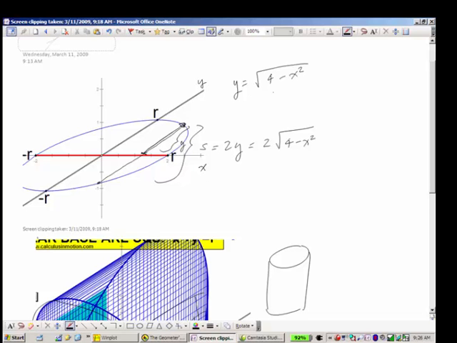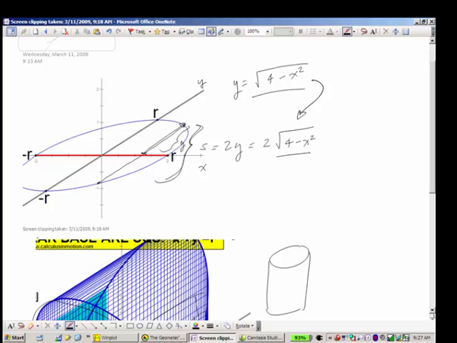They said the base is defined by y equals root 4 minus x squared. And then I said, okay, well, the side is double that. The side of every square is going to be twice the y value. And what is the y value? Root 4 minus x squared. Do you want to ask any more questions? That's the hardest step. It really is.